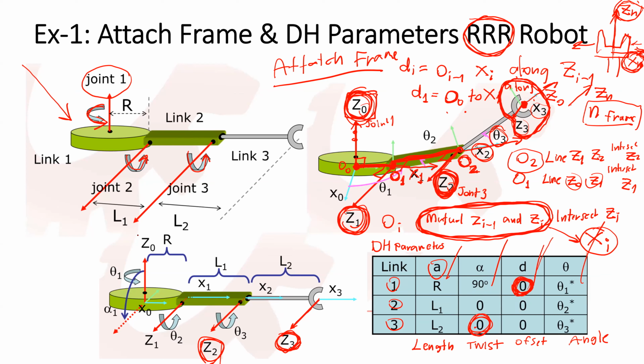The distance between C(i-1) and Ci along xi. This is the link length.